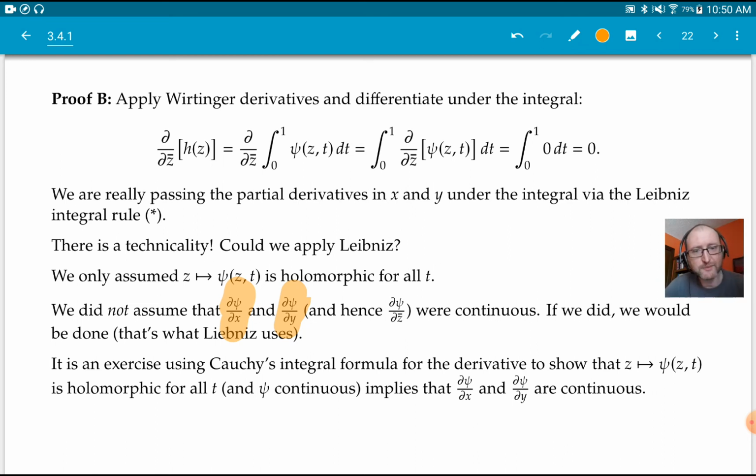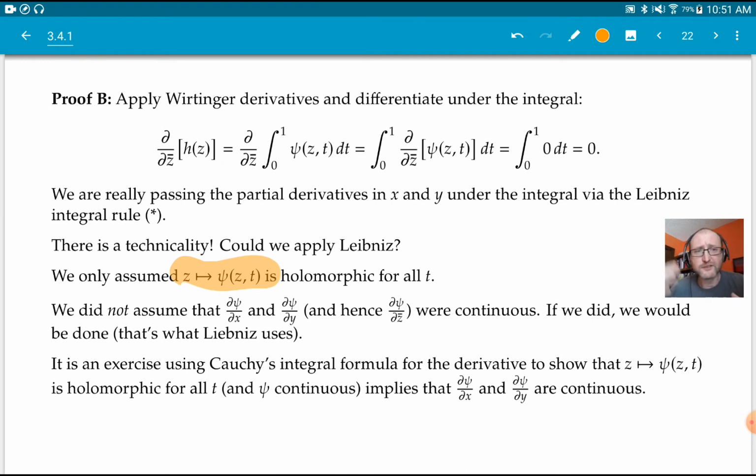But in this case, because you have Cauchy's integral formula, in which you write down, for example, the integral formula for the derivative. The derivative basically gives you these guys. I mean, it gives you the z derivative, which you can identify with the Wirtinger derivative. We're taking a derivative of this function for any fixed t.